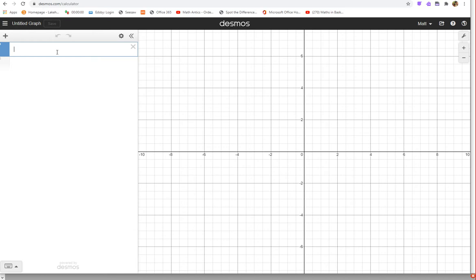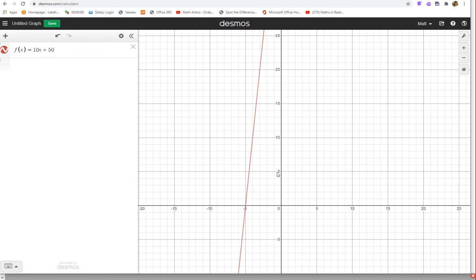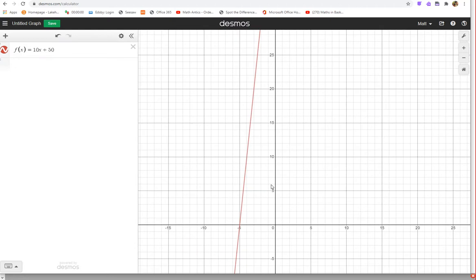All right, so if we're going to graph that in Desmos, we'd say 10x plus 50. And there's our function. All right.